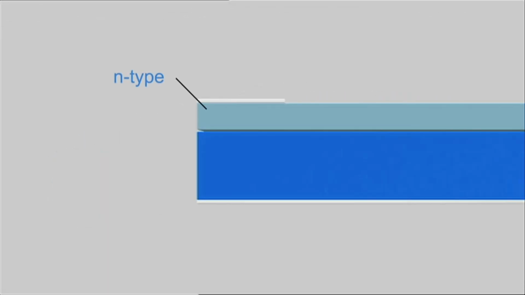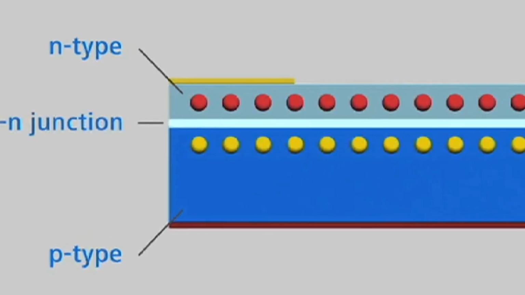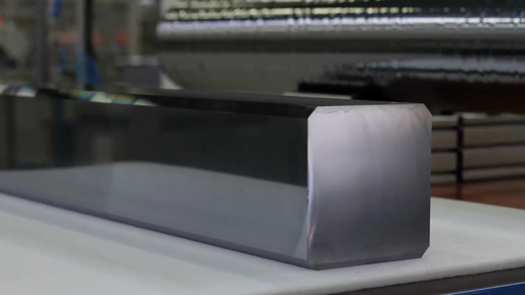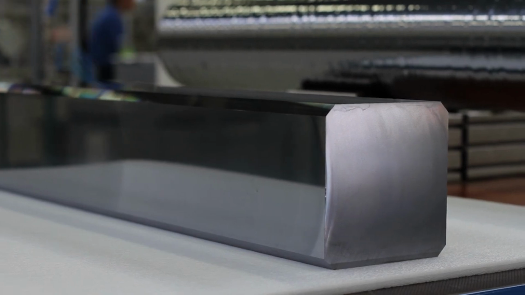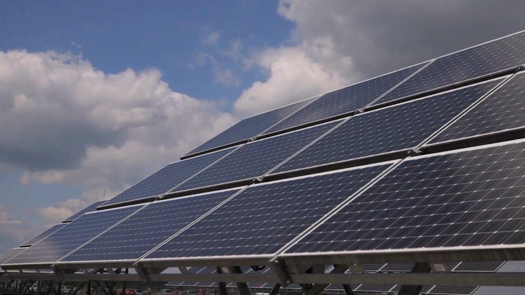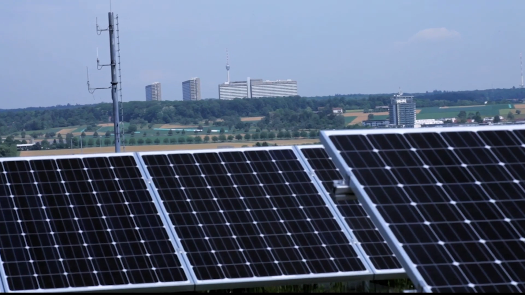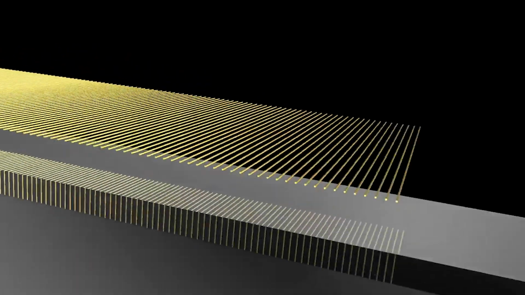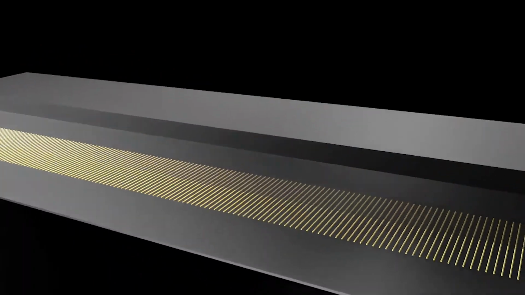During this purification stage, a small amount of boron is added to dope the silicon, giving it a positive electrical charge. The U-shaped ingots are reshaped into rectangular forms because square-shaped cells can be installed more effectively later. Then, the ingots are sawed into thin discs known as wafers using a wire saw method, which minimizes waste and maximizes efficiency.